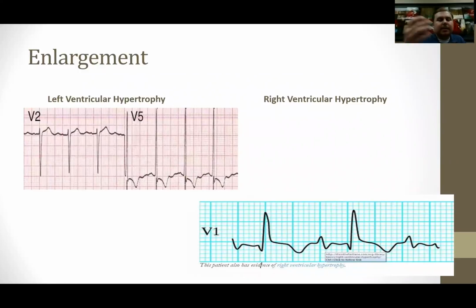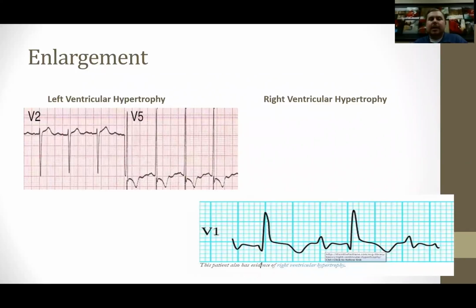So with LVH, the most common thing that's going to cause LVH is going to be systemic hypertension. So you have a clamped down aorta and systemic side, so really high SVR, and that ventricle has to get bigger and bigger to try to pump against that high amount of resistance.